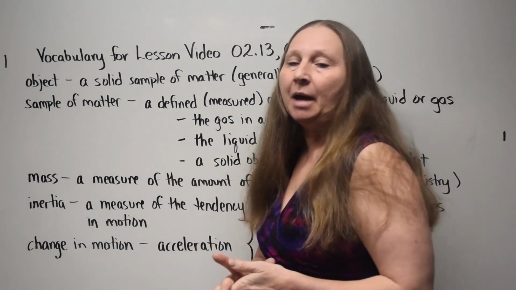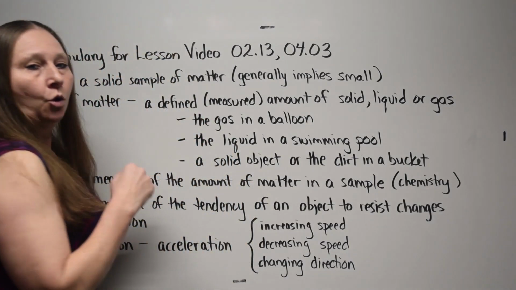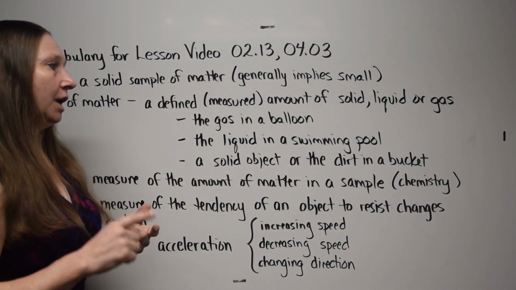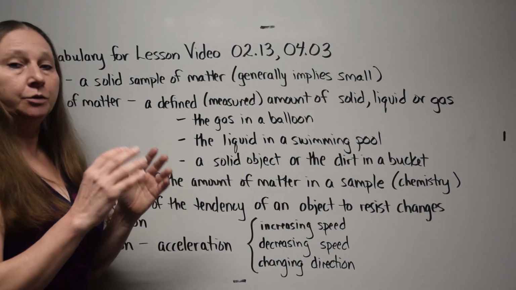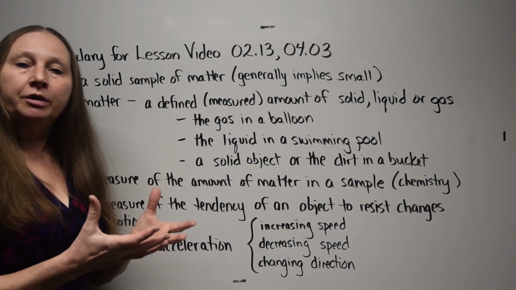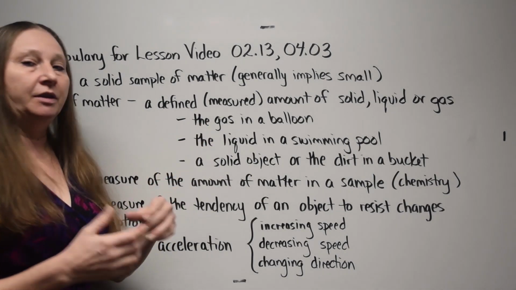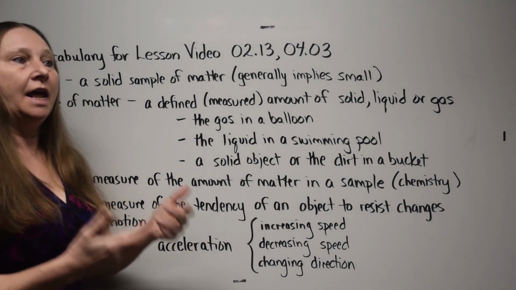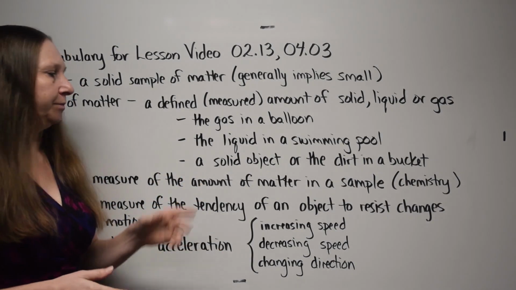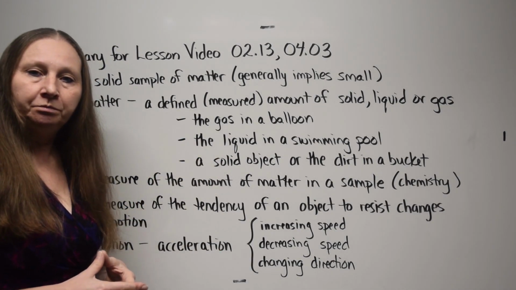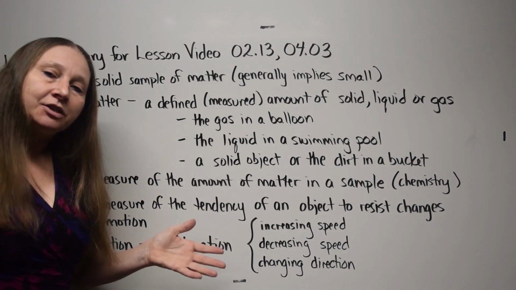A sample of matter: a defined or measured amount of a solid, liquid, or gas. You have to explain just briefly what the boundaries of that sample are. For example, the gas in a balloon or the air in your lungs would be a sample of gas. The liquid in a swimming pool, the milk in a glass.